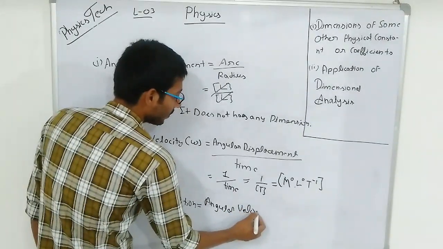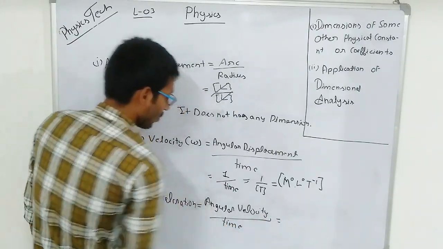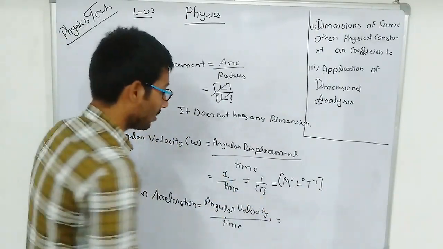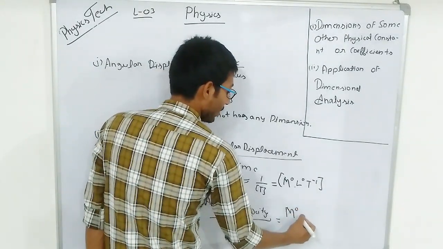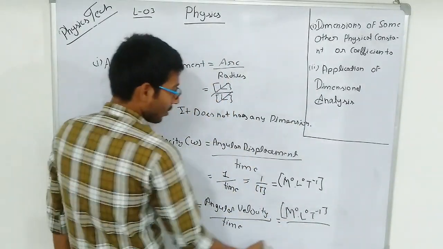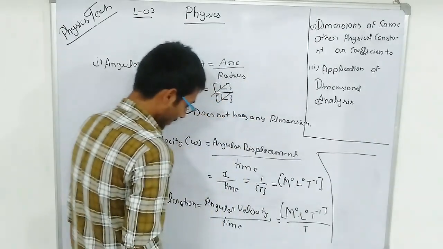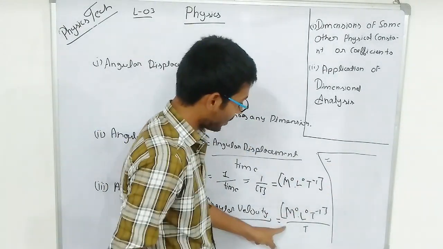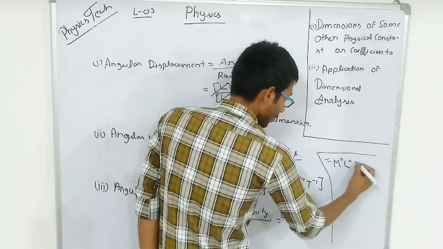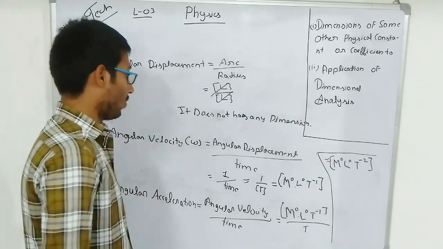We know that the dimension of angular velocity is M base 0, L base 0, T base minus 1, upon the dimension of time, which is capital T. So here we can write M base 0, L base 0, T base minus 2. Okay. Please take a note.